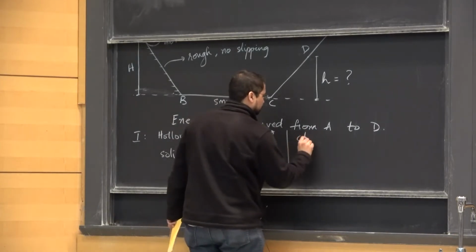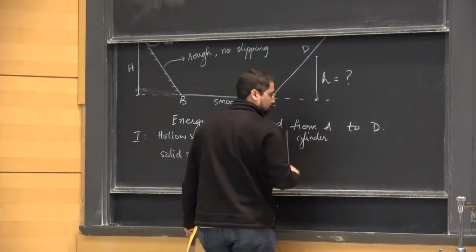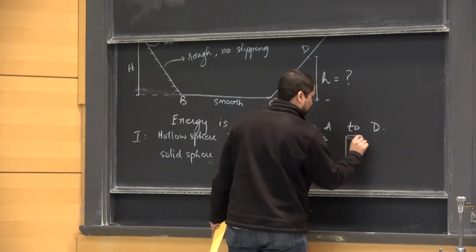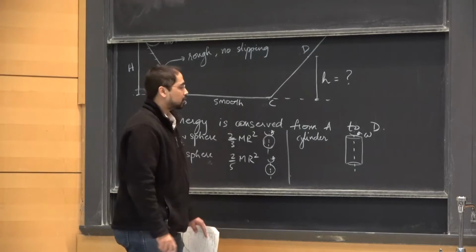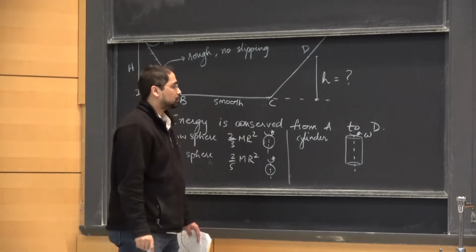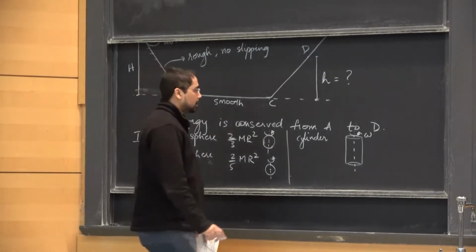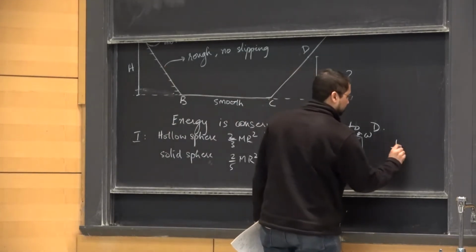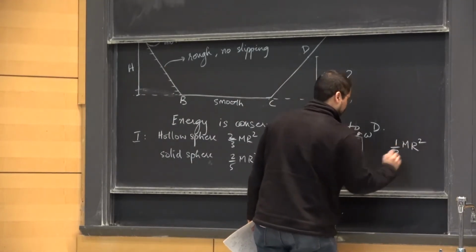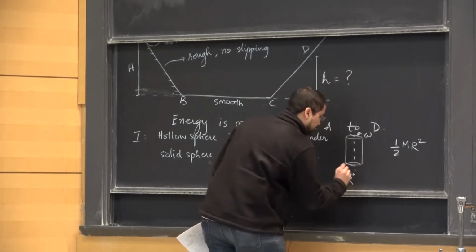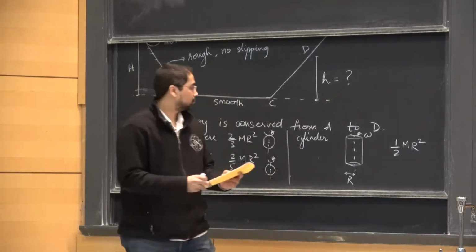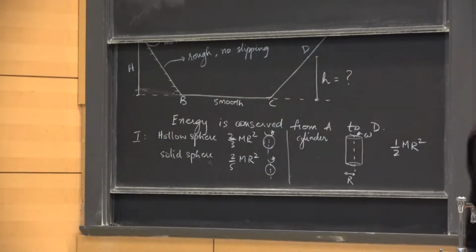If you have a cylinder that's spinning about this particular axis through the center of each of the circles at the end, then you can calculate it as half mr squared, where r is the radius of the circular part of the cylinder.